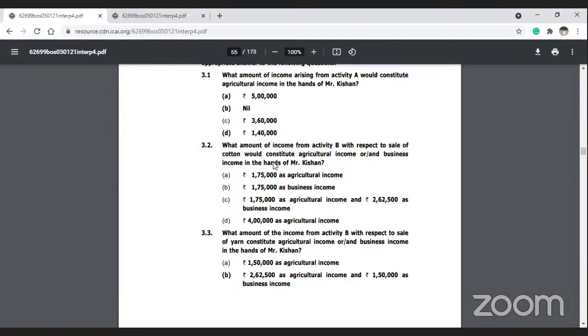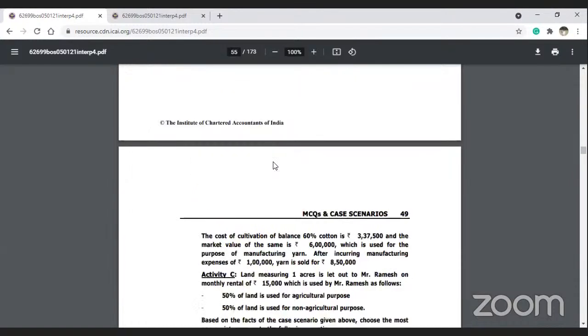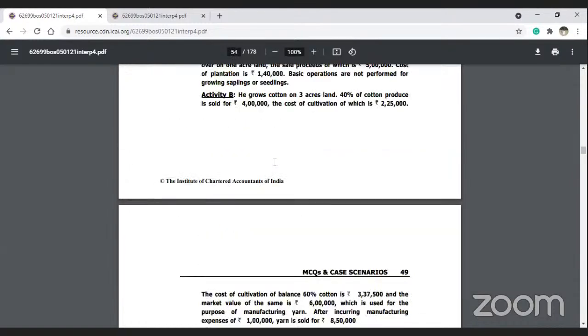What amount of income from activity B with respect to sale of the cotton would constitute agriculture income and business income in the hands of Mr. Kishan? Okay, so B is 40% of the cotton produced is sold for 4 lakhs. Then 4 lakhs minus 2,25,000 because it is cost of cultivation of that 40%. So that will be 1,75,000.